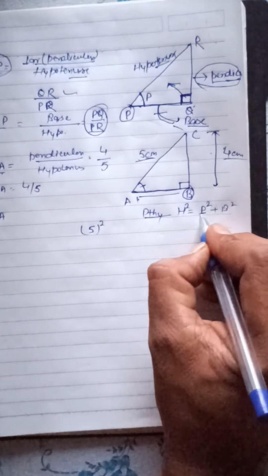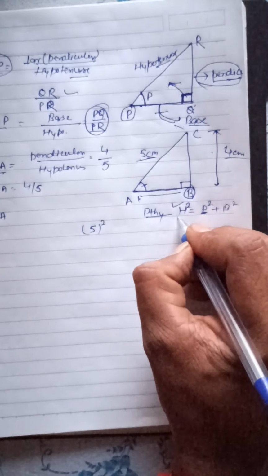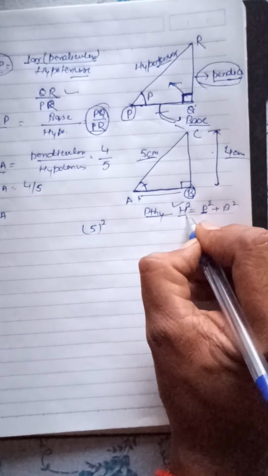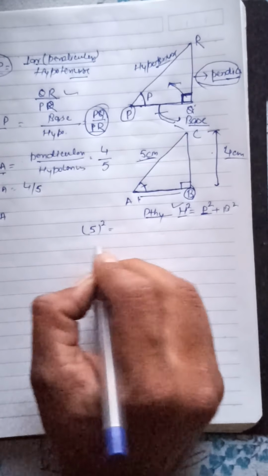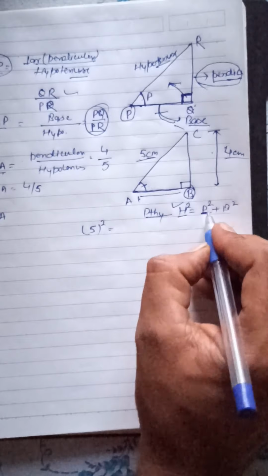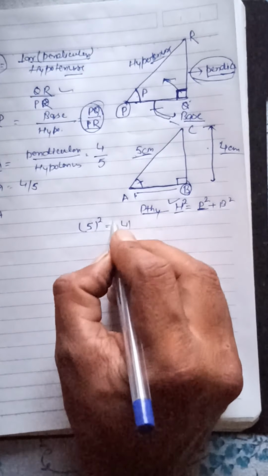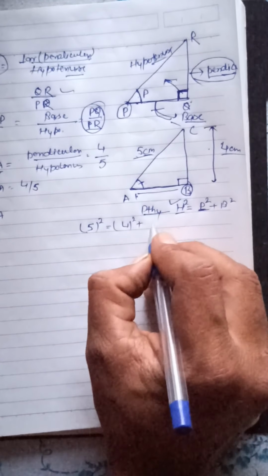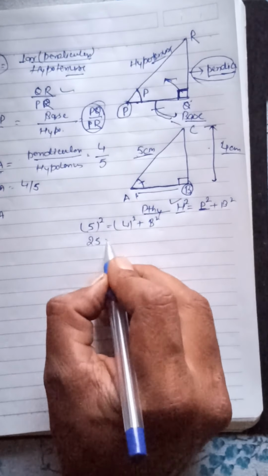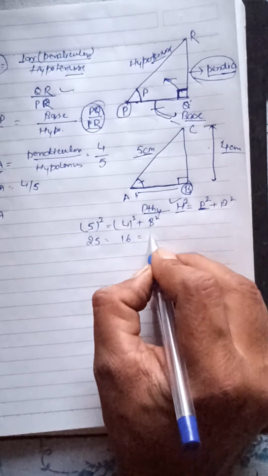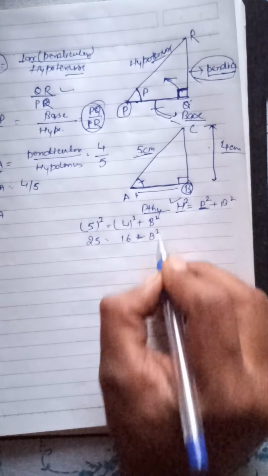You have the hypotenuse and the perpendicular. The hypotenuse is 5, so 5 square, which is 25, will be equal to the square of the perpendicular, 16, plus base square.